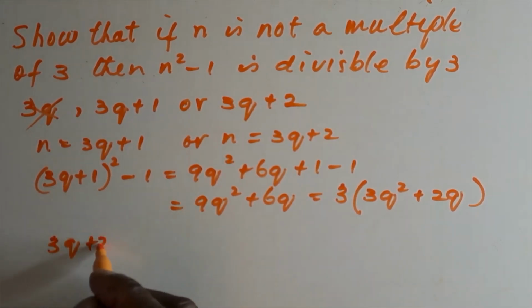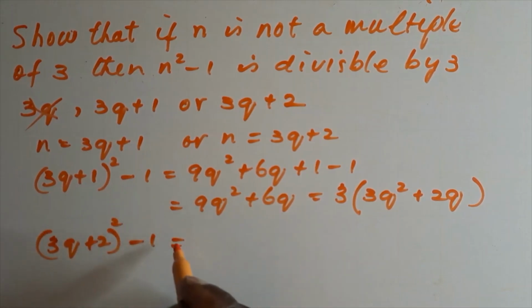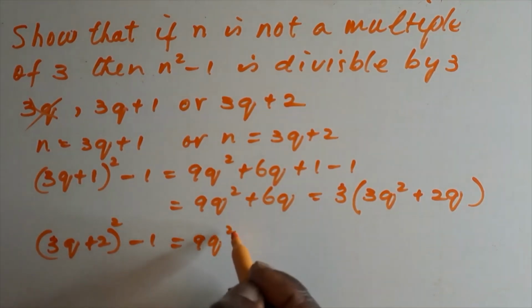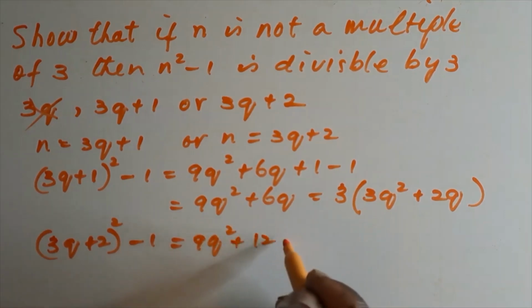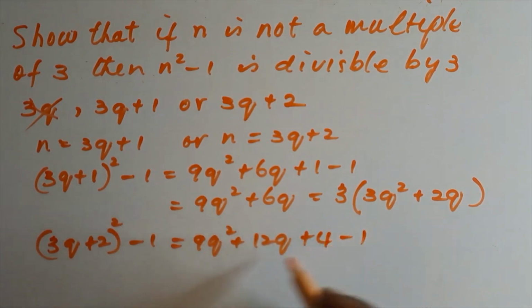3q add 2 squared minus 1. And this is 9q squared add 12q add 4 minus 1.